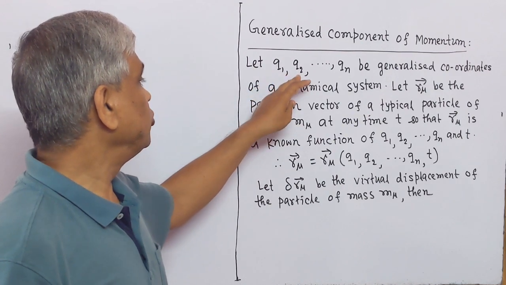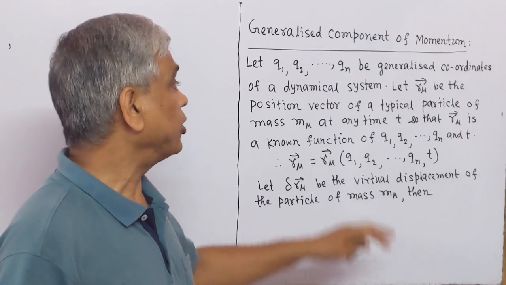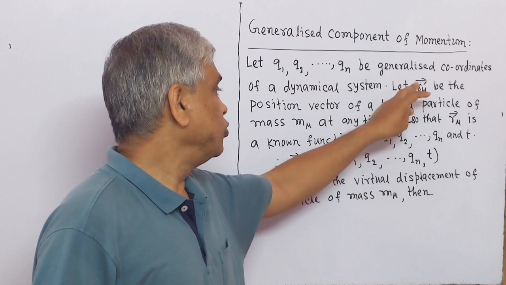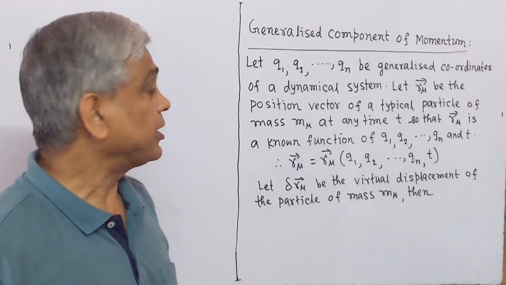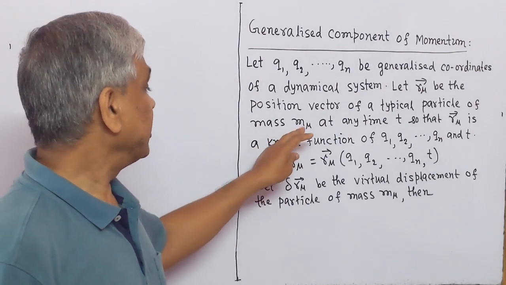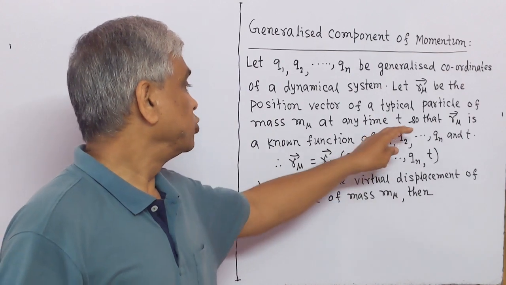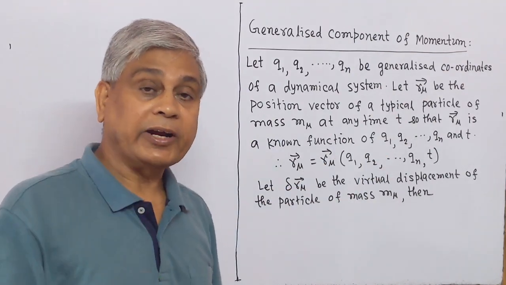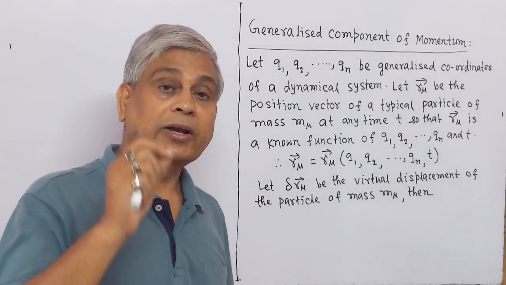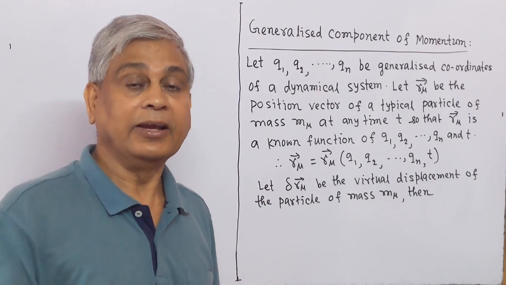Let q1, q2, q3, ..., qn be generalized coordinates of a dynamical system. Let r_mu vector be the position vector of a typical particle of mass m_mu at any time t, so that r_mu vector is a known function of q1, q2, q3, ..., qn and t.